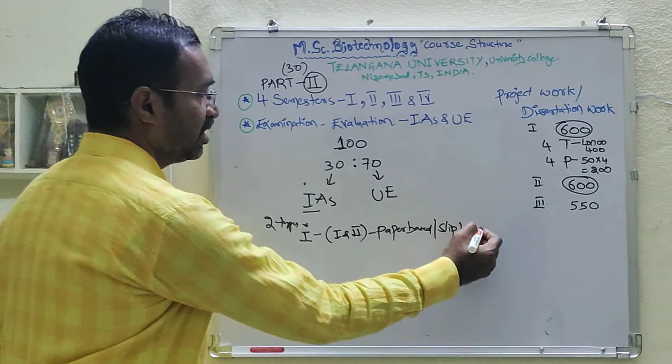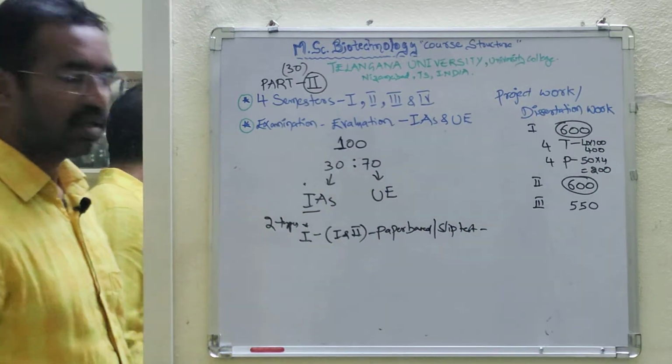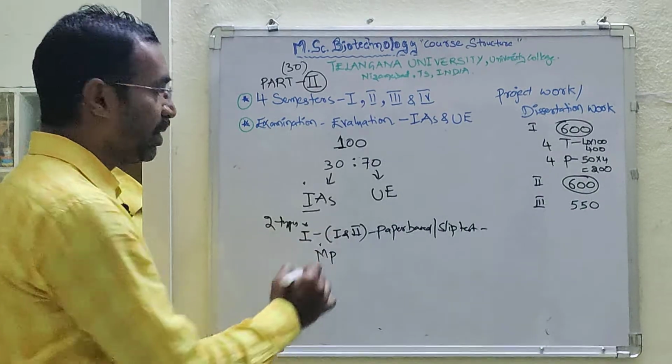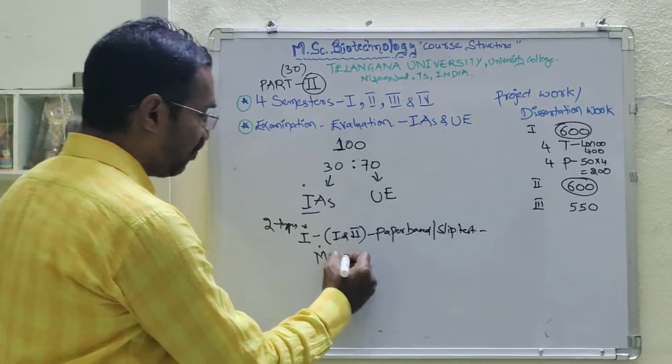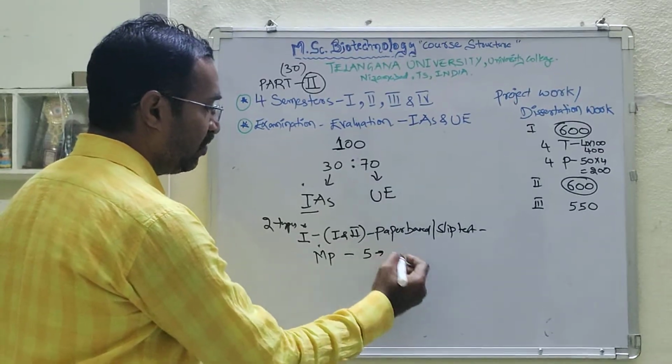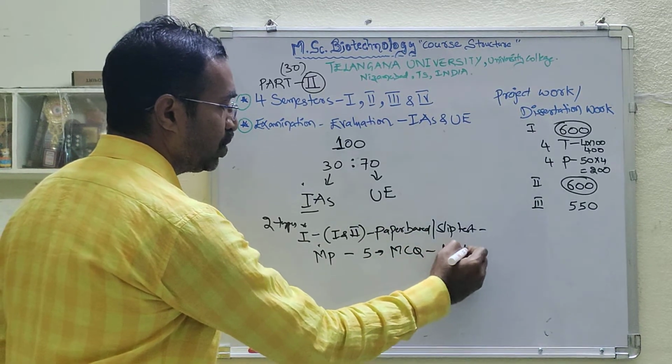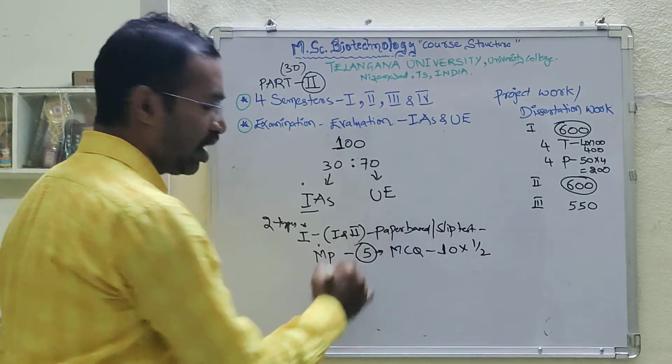If you see the model paper of this test, the first 5 marks are evaluated by MCQs: 10 MCQs at half a mark each, so 5 marks.